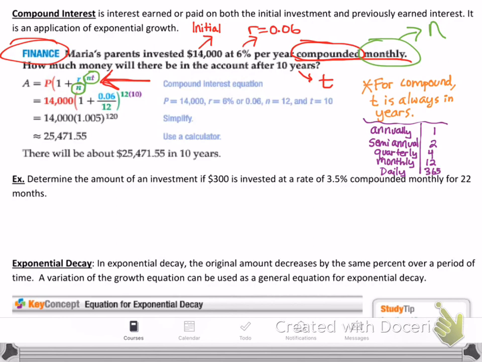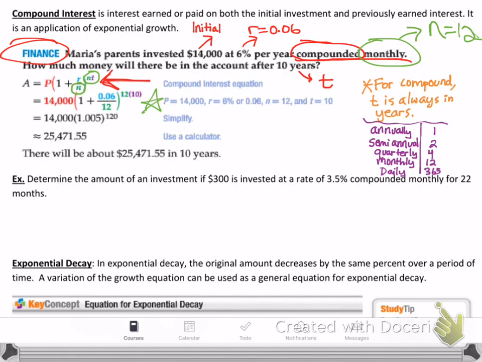So if we look at this problem, it says it's compounded monthly. Therefore, my n is equal to 12. Which is why, if you look at what they filled in right here, you have $14,000, which is the initial amount, times 1 plus the rate, which is 0.06, over 12, because that's my monthly, and then all raised to the exponent 12 times the t, which is 10.